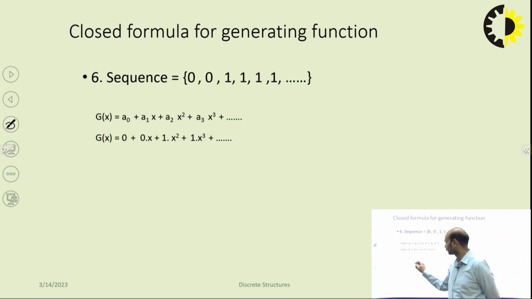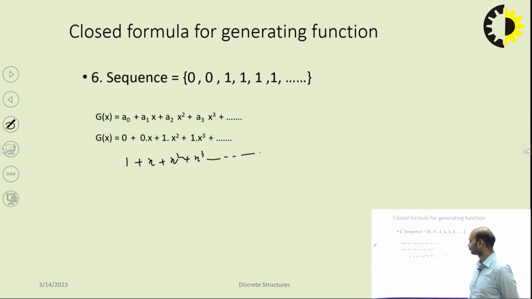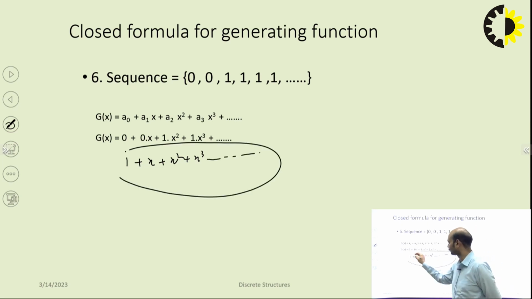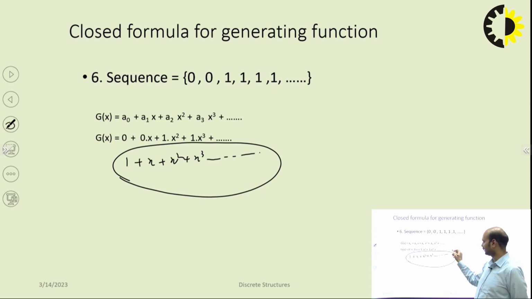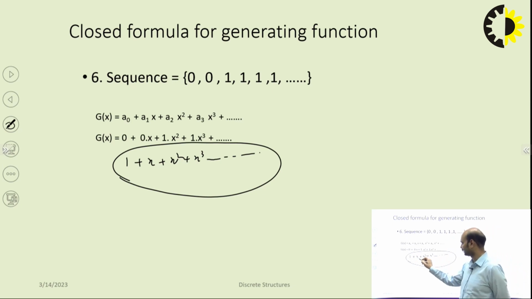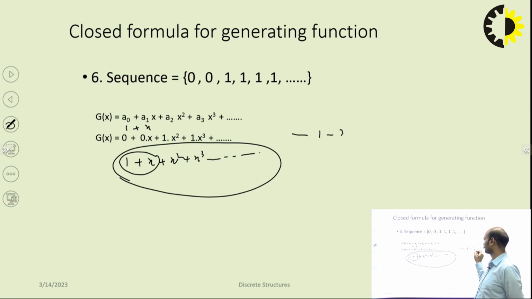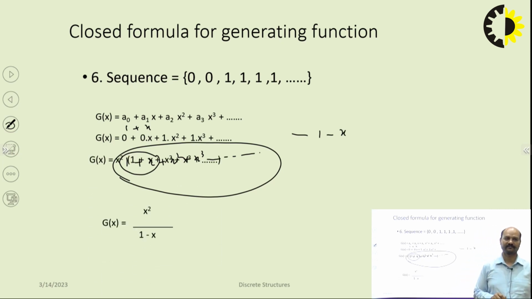And we know that 1 + x + x^2 + x^3 up to infinity has a formula. So we add 1 and x, and we subtract 1 and x here. Then this comes as x^2 divided by 1 - x.